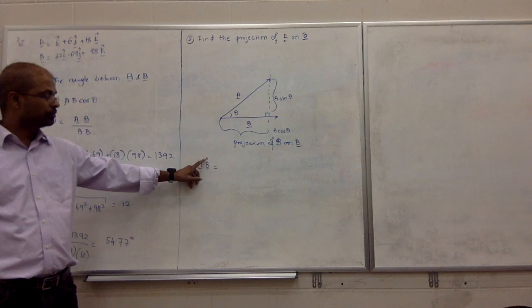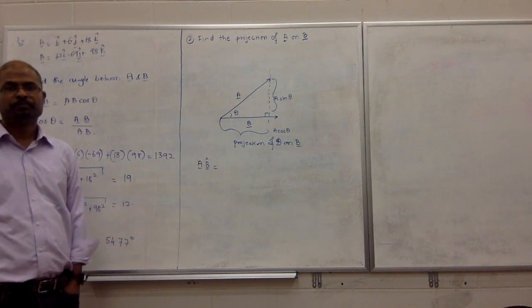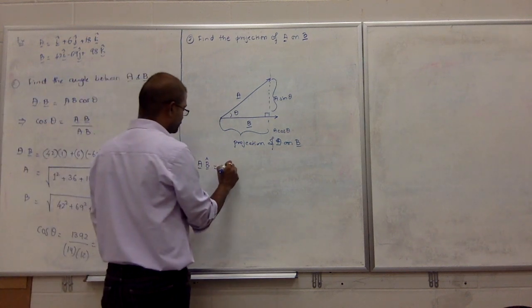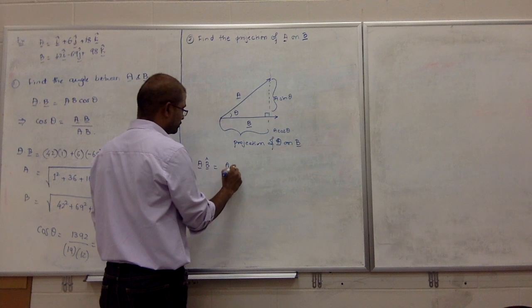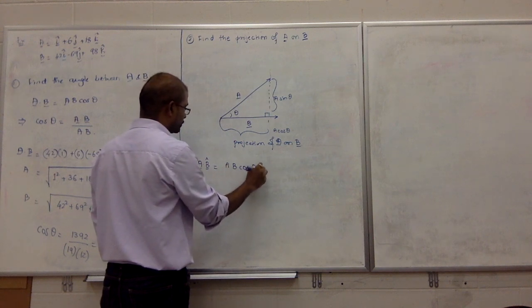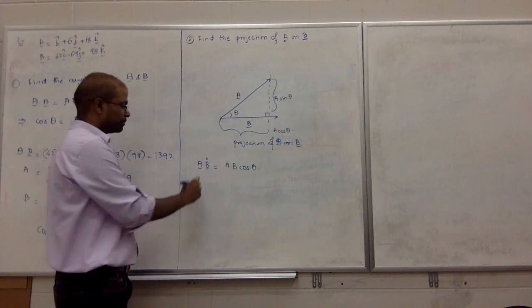What does this caret mean? It's a unit vector. Okay. So what is A dot B? A B cosine theta.